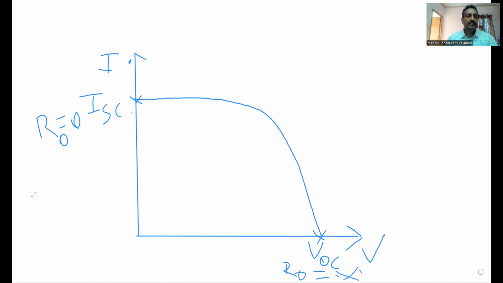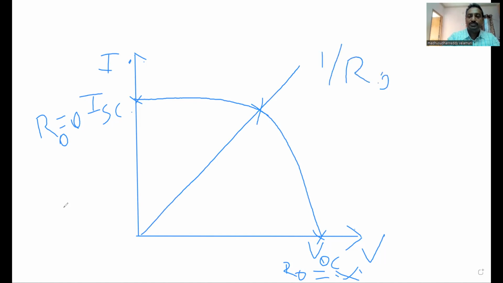If I change some value of this, then this is indicated as a load line. So this is 1 by R naught, which is equal to I by V, delta I by delta V. You understood that?